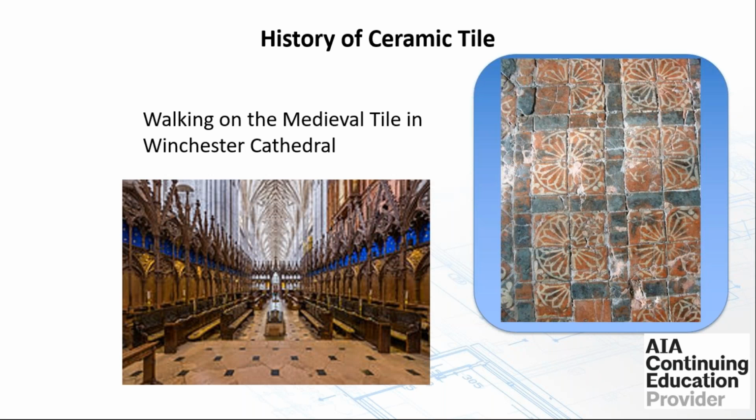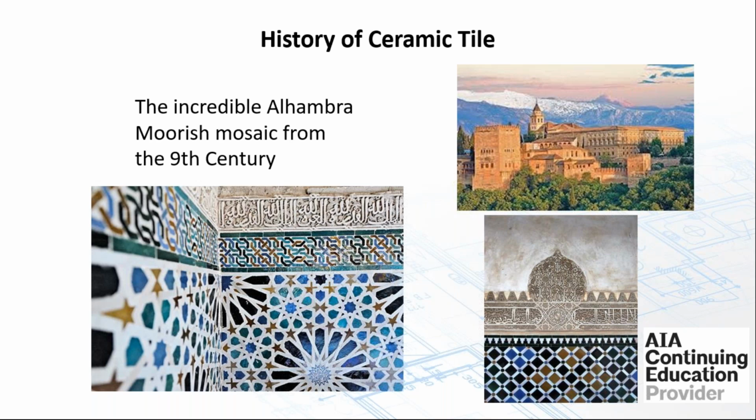Another shot of this, again showing intricate patterns and designs in the Alhambra Moorish mosaics from the 9th century. And holding these designs together is your grout in between the individual pieces of tile and stone.